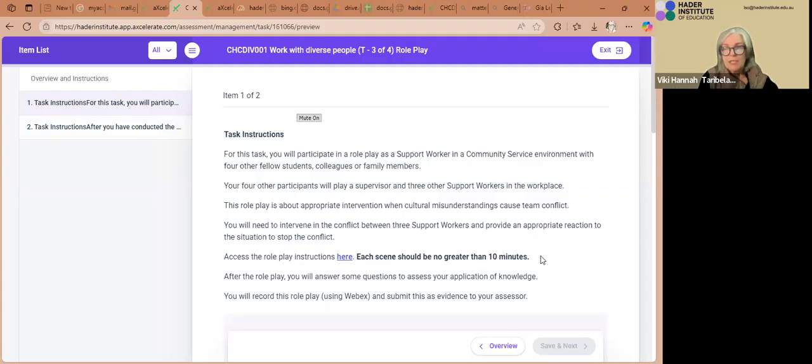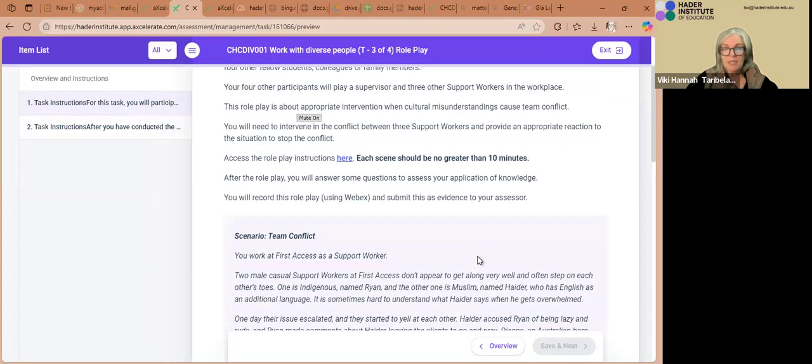Each of those support workers has a script, what's happening, which of course is in the instructions. So you need to click on here. Each scene would be no greater than 10 minutes. Each person has a role. After the role play, you will answer some questions as well and assess your application of the knowledge.